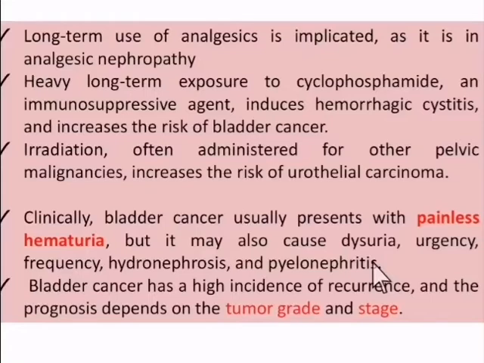Heavy long-term exposure to cyclophosphamide. الcyclophosphamide هو immunosuppressive agent and this drug can cause hemorrhagic cystitis and may predispose to bladder cancer. النقطة الأخيرة من risk factors for formation of urinary bladder tumor is irradiation. يعني مثلا patient عنده pelvic tumor سواء ovarian in the uterus in the prostate and receives radiation therapy يعني radiotherapy.